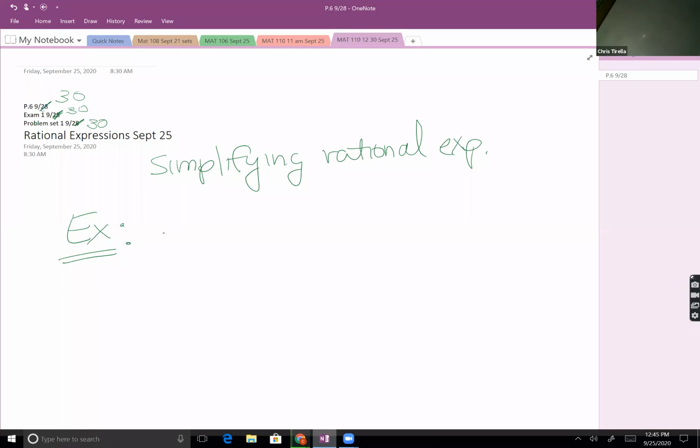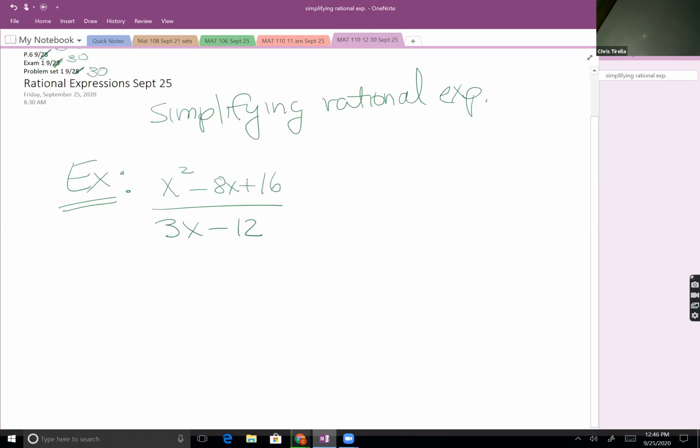So let's look at x squared minus 8x plus 16 over 3x minus 12. As a refresher, does everybody remember that we said that the first thing you have to do is factor?